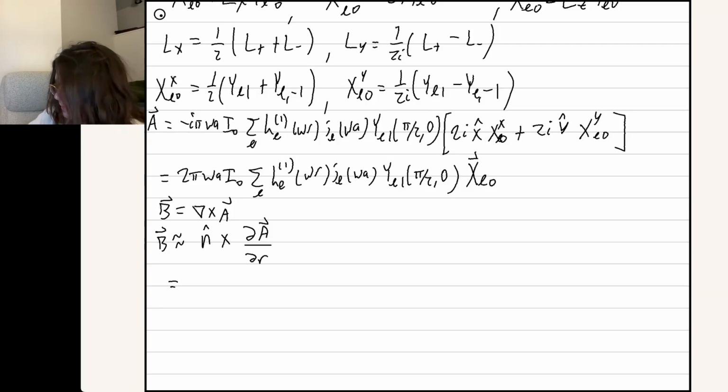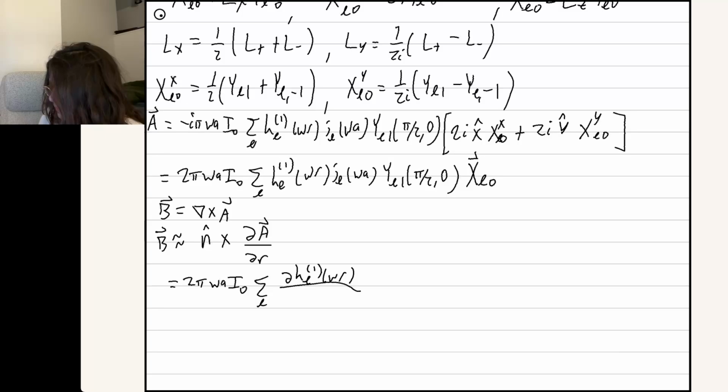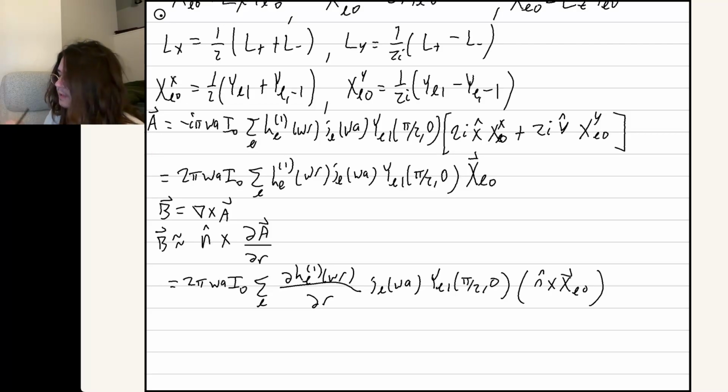So I'm just going to say 2π ω a I₀ sum over l. The only r thing in here is the Hankel function right there. So ∂_r h_l, ω a, Y_l1(π/2, 0), and then this is n̂ cross X_l0 now.